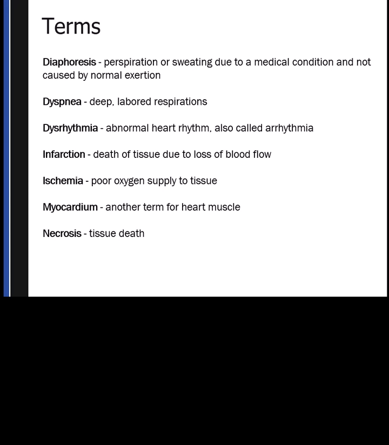Infarction, we've already talked about. Infarction is what? Death of tissue. Don't say death of cardiac tissue. Death of tissue. You have infarction, death of tissue. That tissue's not coming back. And then you have the word underneath it that is called ischemia. Ischemia means that we have a reduced amount of oxygen that's going to that tissue. In the world of cardiology, that's what we often see with patients that are having angina.